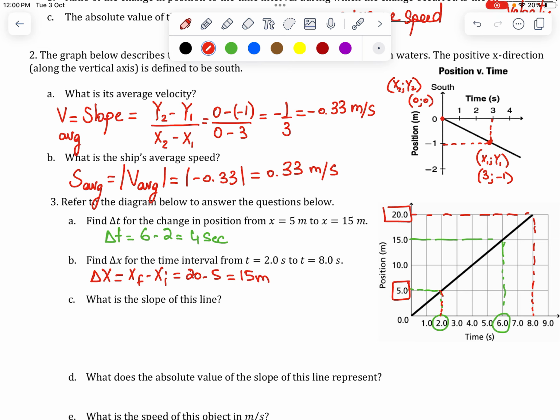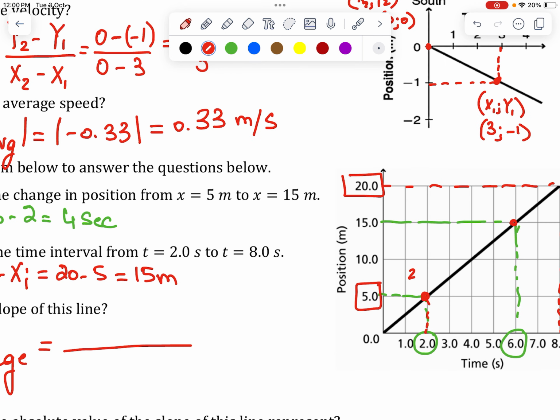What is the slope of this line? The slope of this line is the average velocity, which I will find. I will choose 2 points, let's say this one and that one. The first one has coordinates 2, 5, and the second one has 6, 15. You can choose any 2 points.